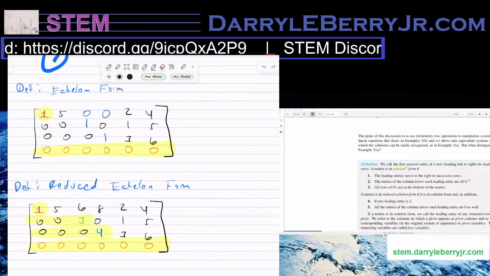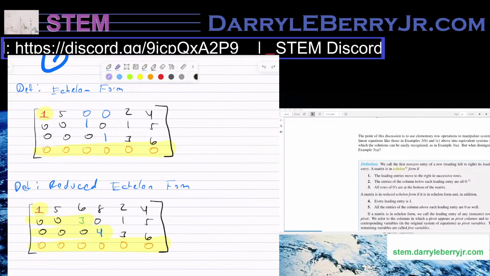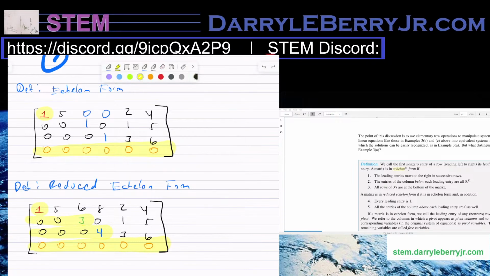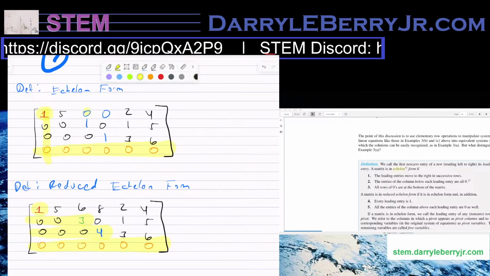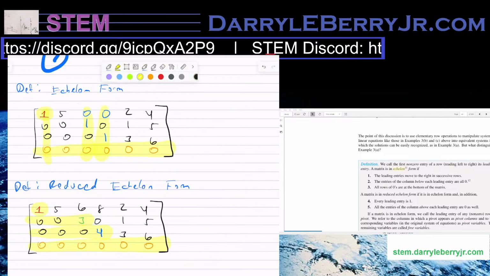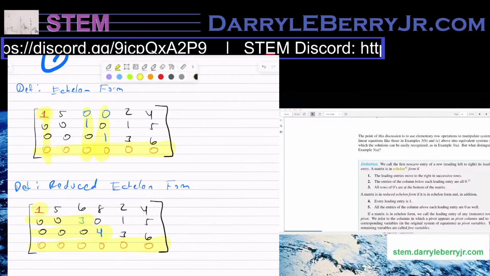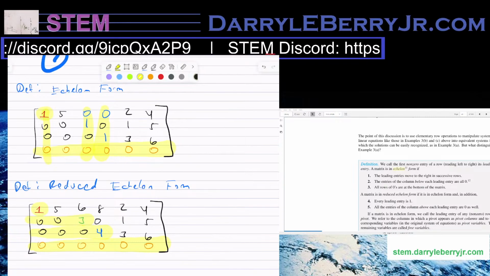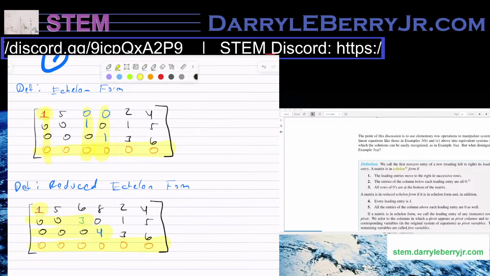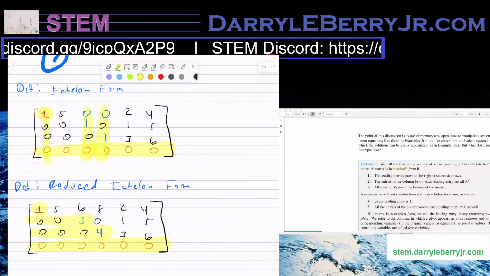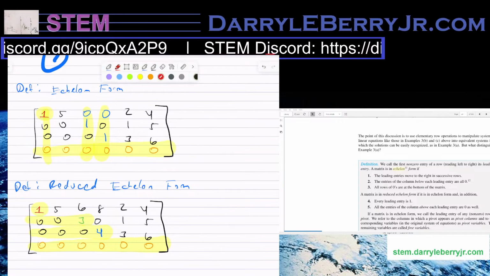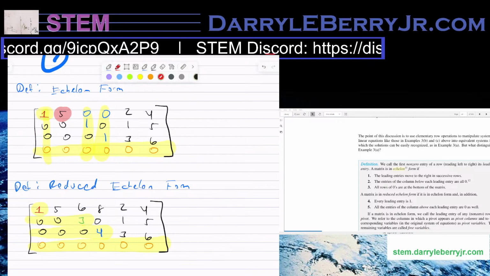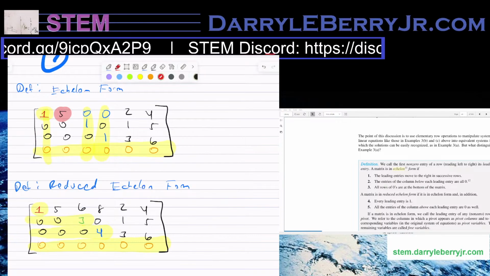I wonder about this. So this one fits the definition: leading entry, 1s and all 0s. This one fits the definition. This one fits the definition. I wonder about the other rows, but technically it fits the definition. This one is not a leading number because the 1 is to the left, so that doesn't matter.